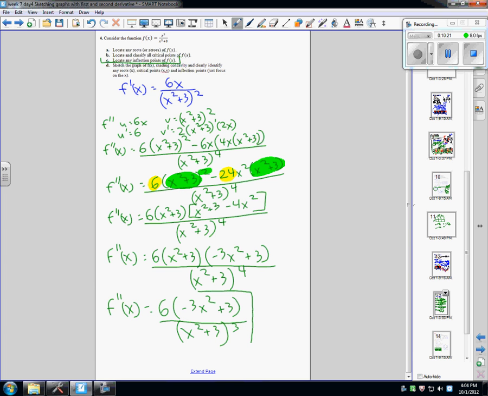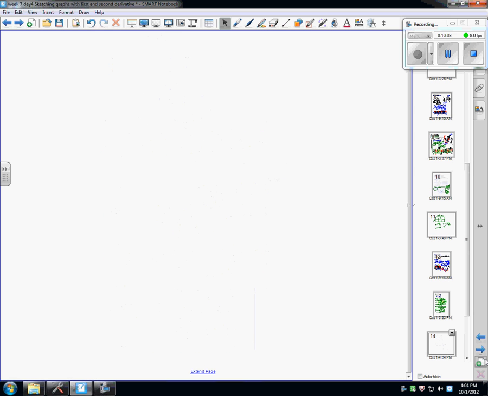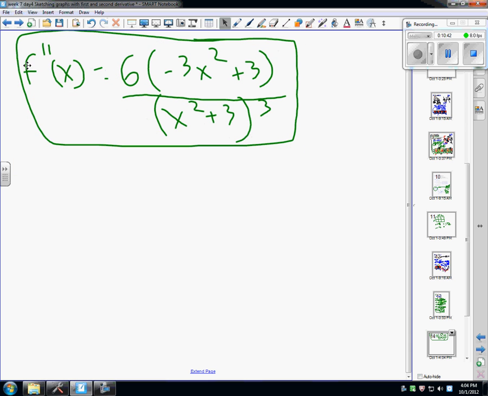I know that was a lot of work for the second derivative, but what's really nice is all you care about with that is the second derivative being 0 or undefined. So let me see if I can copy all this, finishing it on this page. Oh, that went really big.